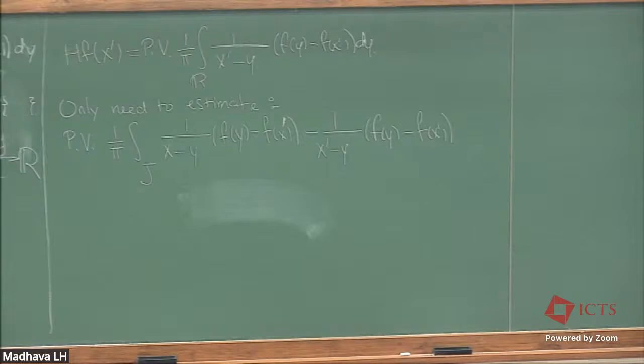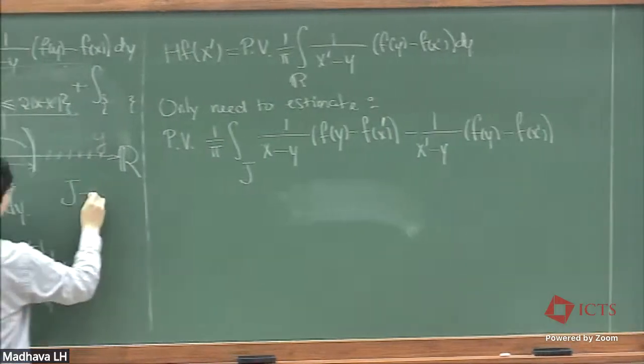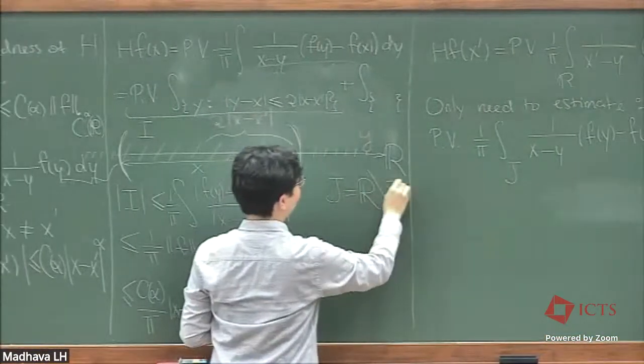Okay, maybe it was not clear enough. So we have this integral. We split the y region into I and J, which is just the complement.